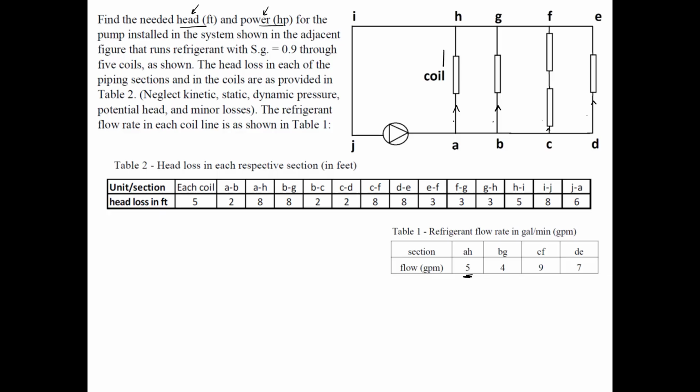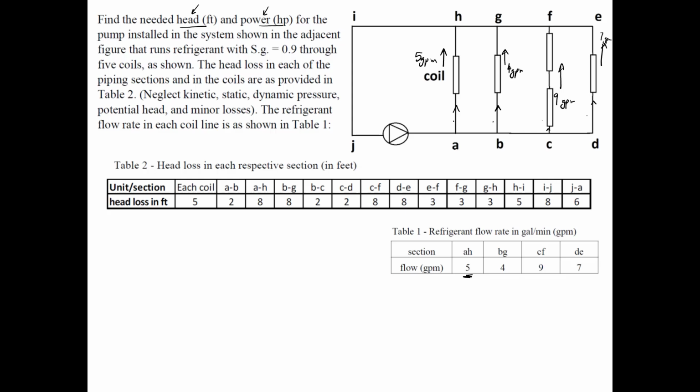So here we have 5. GB, it's 4. CF, that's 9. And then the last one, DE, it's 7.